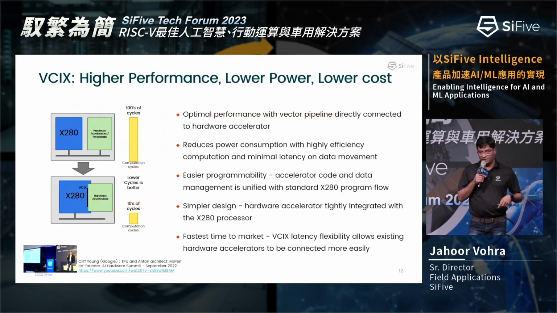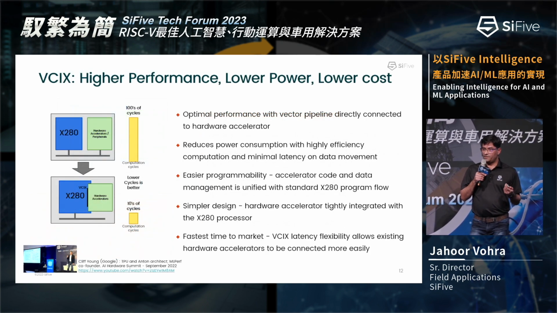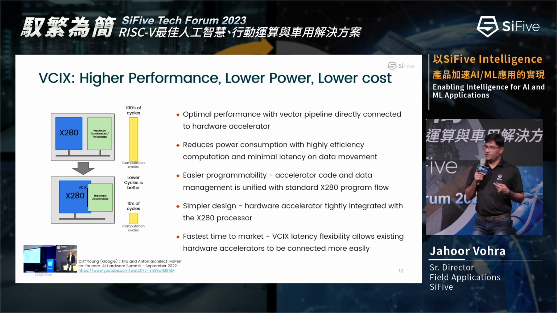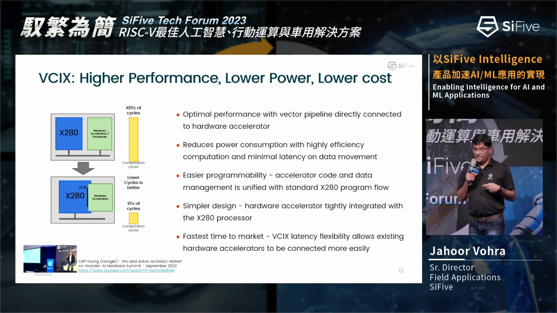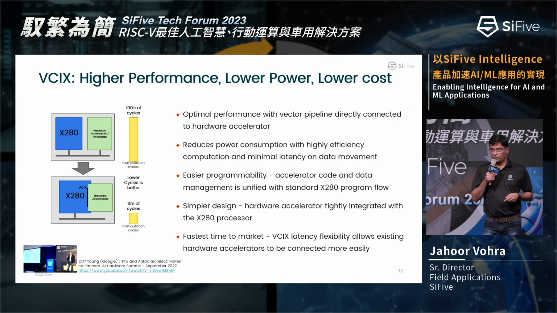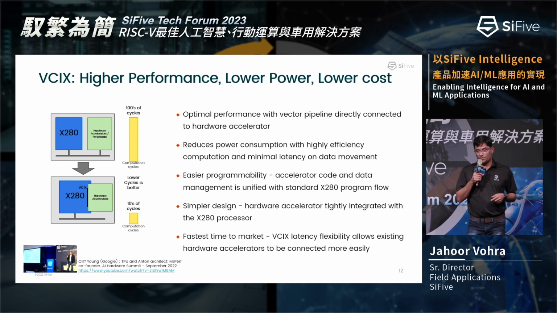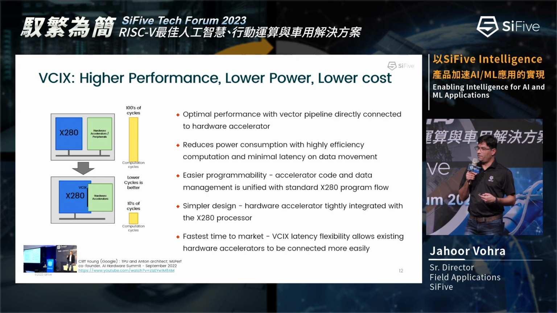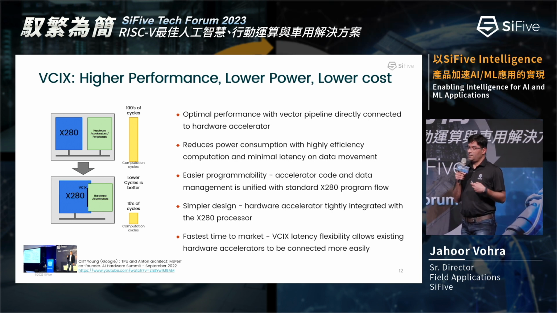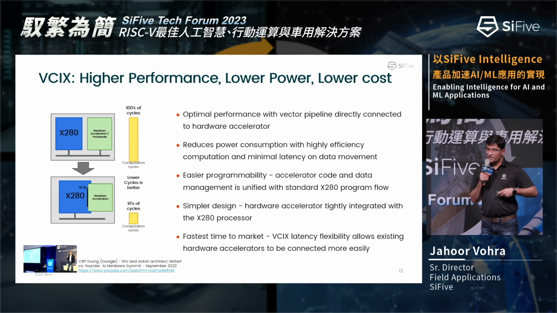Typically, as I said, hardware accelerators have been integrated with processors through memory map interfaces. These are high latency, right? So with V6, the latency typically gets reduced from hundreds of cycles to tens of cycles. That's one of the key benefits of the V6 interface. The other key advantage is high bandwidth, right?